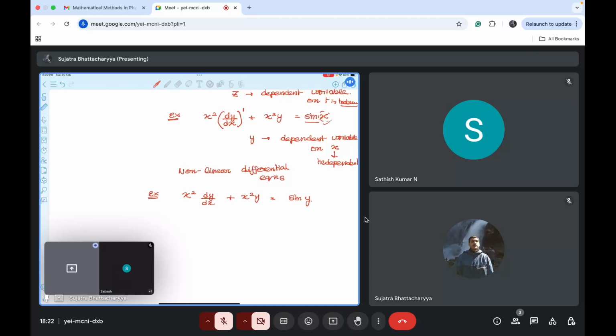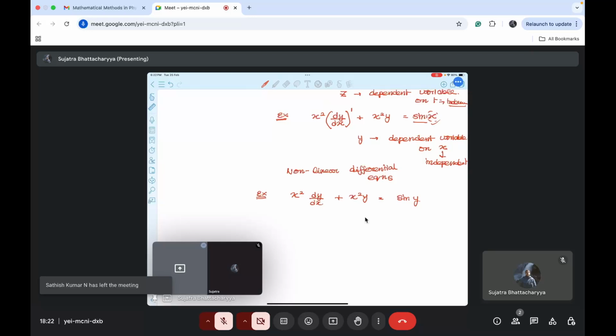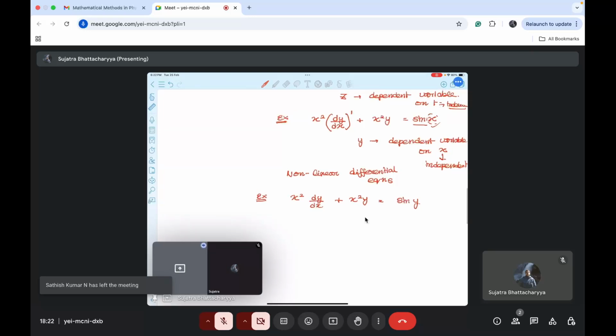Let's check one by one. Do we find that the degree of the differential equation is more than 1? No. The highest order derivative is dy by dx. Its degree is 1, right? Its power is 1. So that suggests that this is fine. This holds the linearity still.